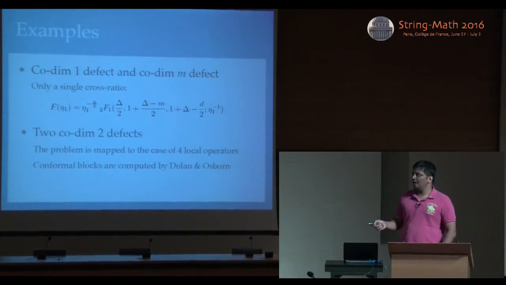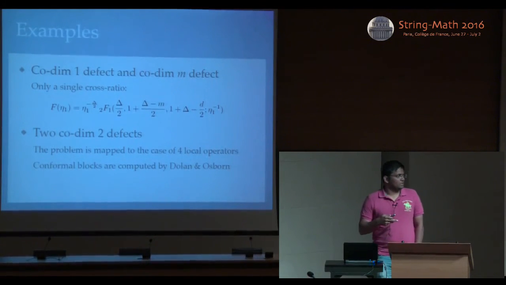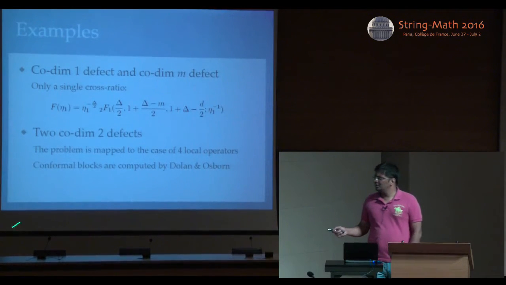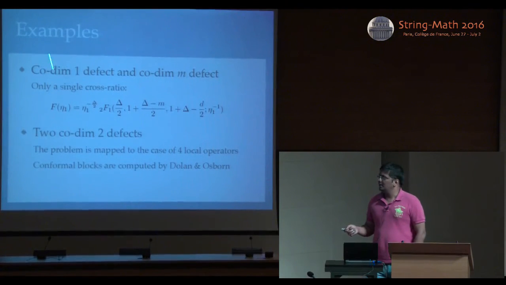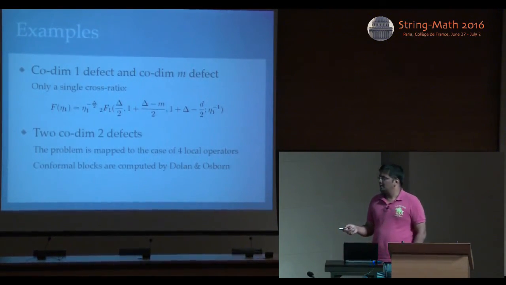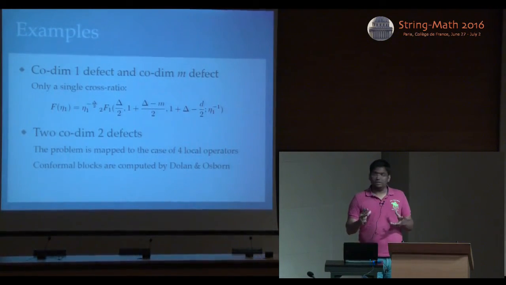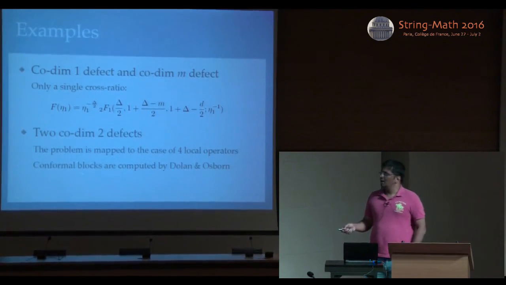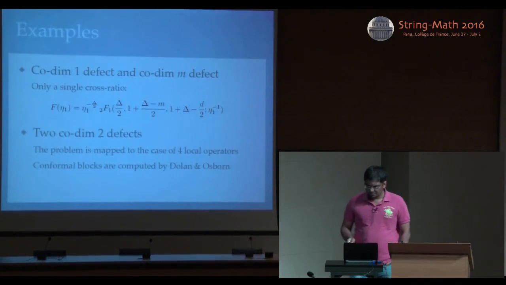You can, in fact, map the equation that you get for the case of codimension 2 defects to the equation that you get for 4 points. And this problem has already been considered and solved by Dolan and Osborn. And the conformal blocks, for example, in 4 dimensions, so this would then be a correlation function of 2 surface operators in 4 dimensions, are given by products of hypergeometric functions, and so on.